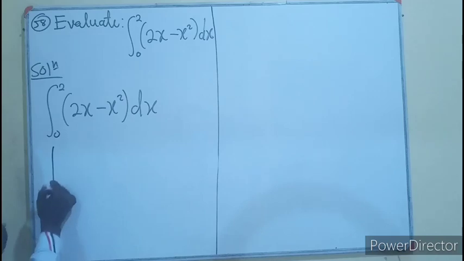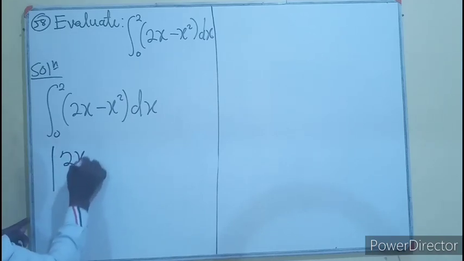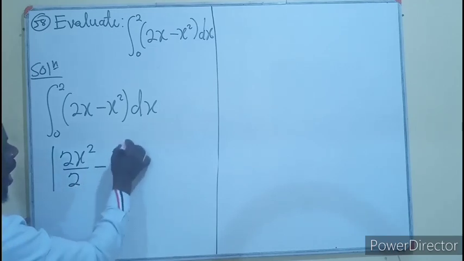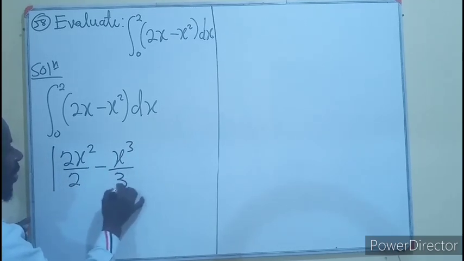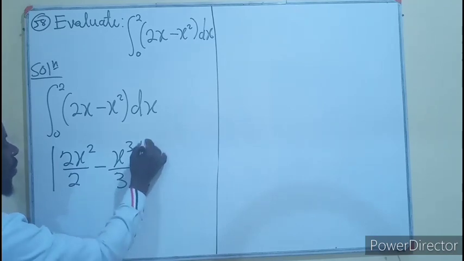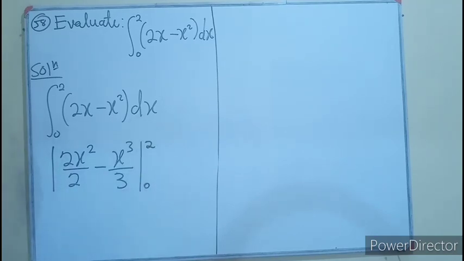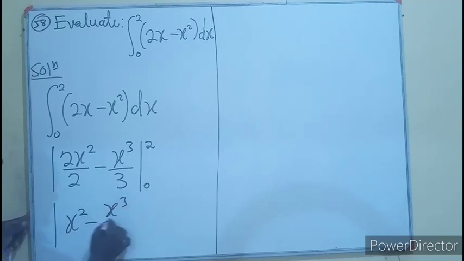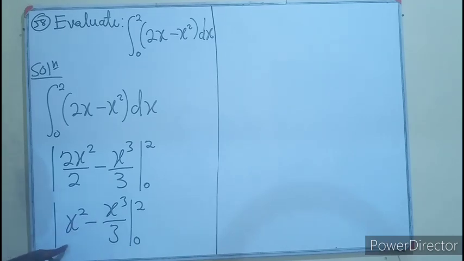So this is going to be 2x squared divided by 2, minus x cubed divided by 3, with the limits still attached. Here the 2 will cancel, so I'll be left with x squared minus x to the power 3 over 3, limits 0 to 2.